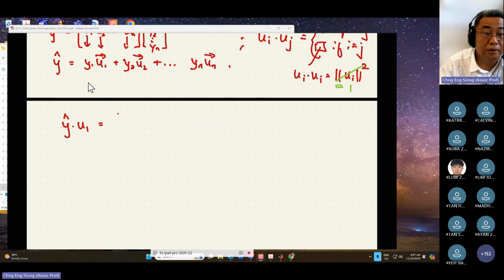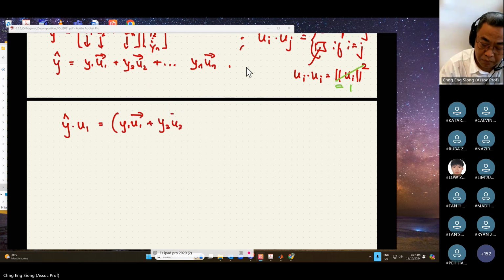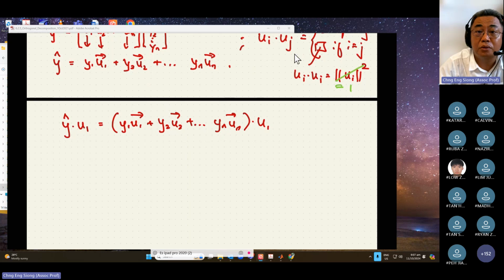The whole thing on the left is dotted with u1, so on the right hand side I also dot with u1.